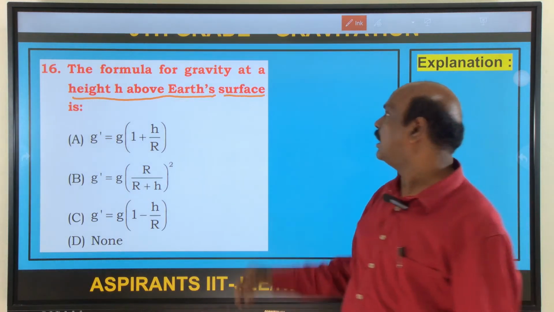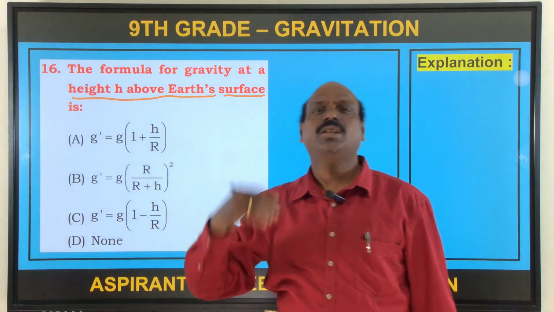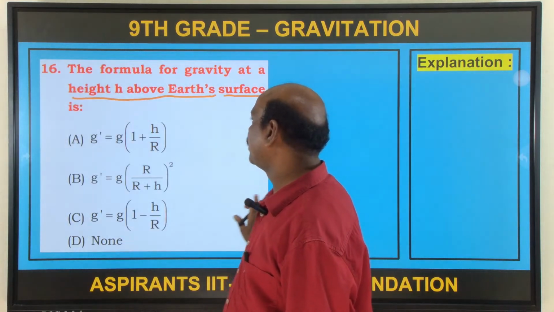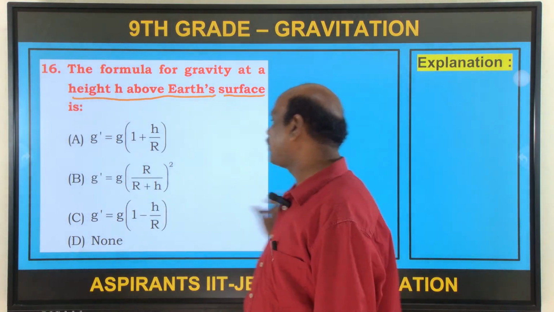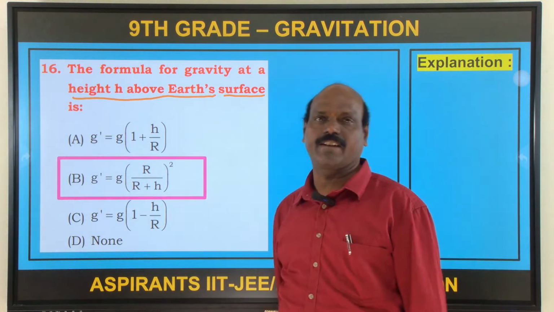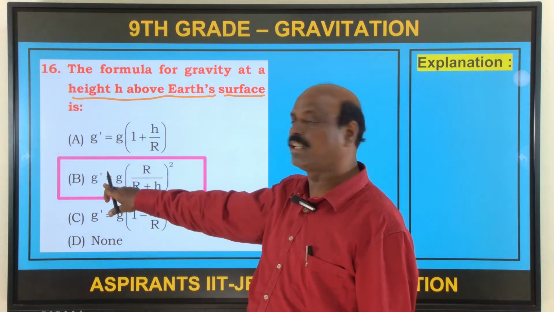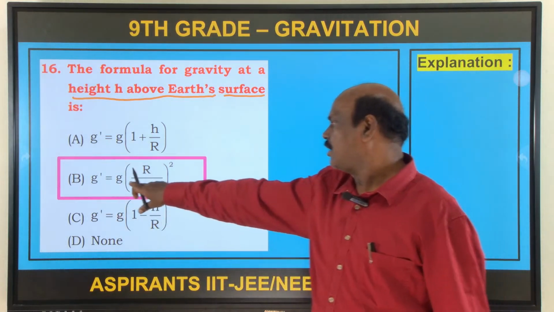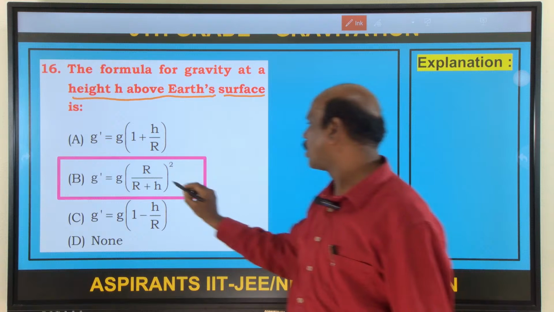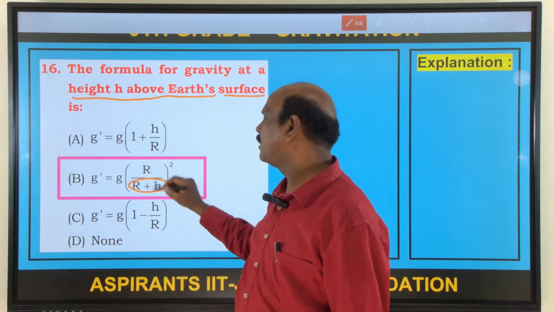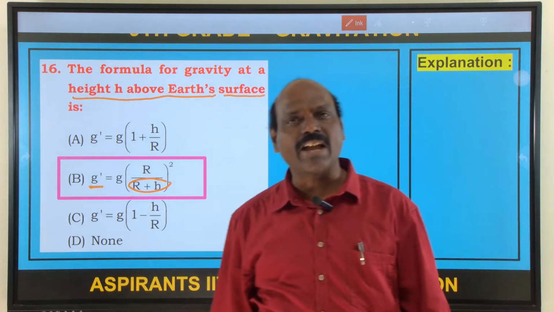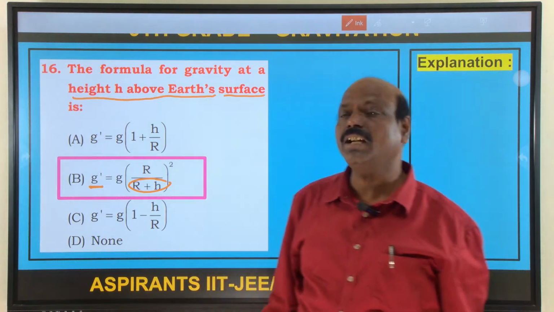As we know, as we go high, gravity decreases, and we see the formula: g dash is equal to g into R by (R plus h) whole squared. Here if you observe, the denominator value is more, so the fraction g dash will become less. Acceleration due to gravity at height, as you move high, decreases.